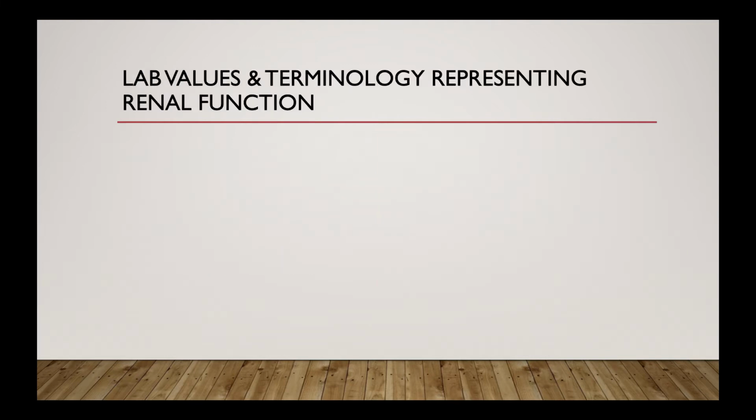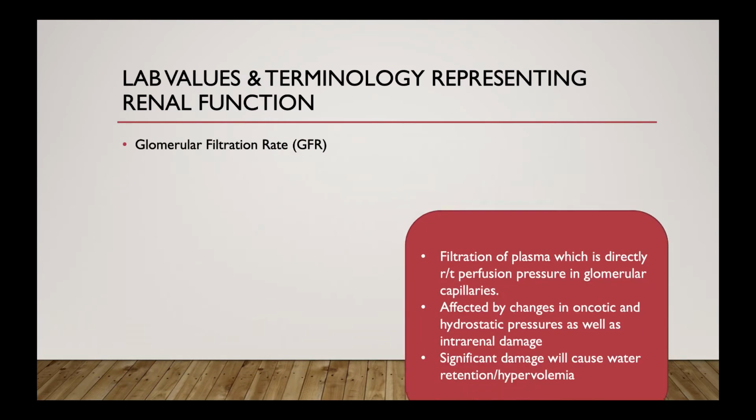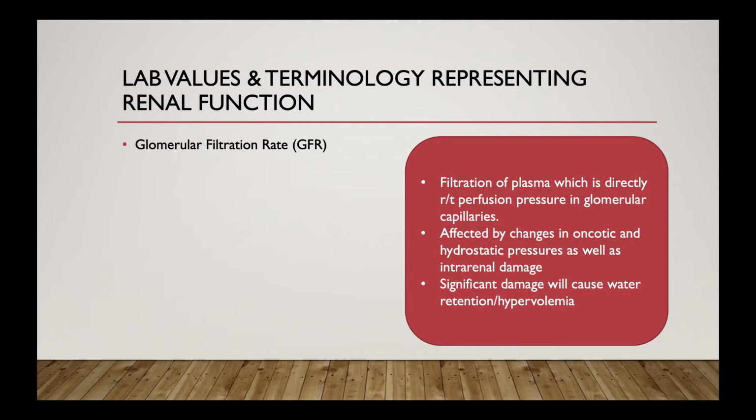When we start talking about how we assess the function of our kidneys, we're going to look at some lab values and some terminology that helps us understand a little bit better. So glomerular filtration rate, or GFR, is the rate at which our fluid gets filtered through the glomerulus, through our capillaries.